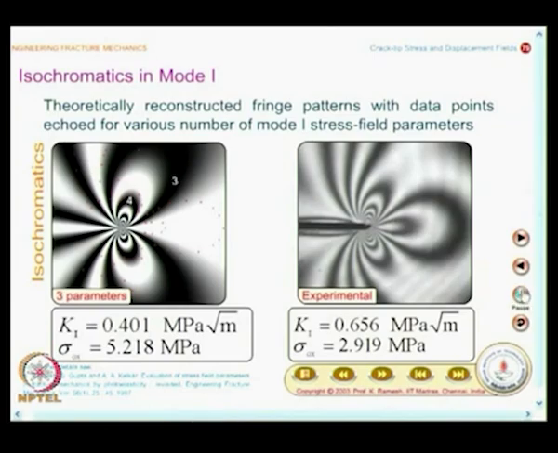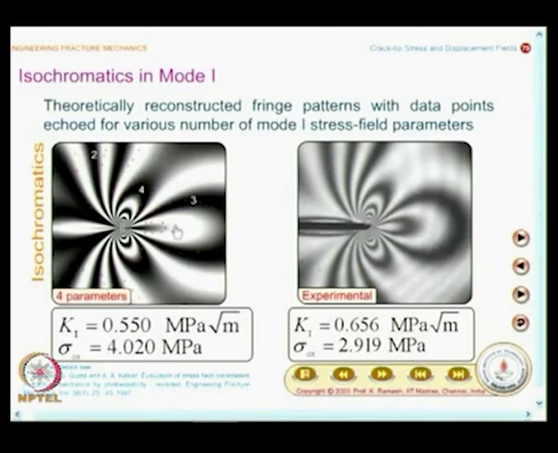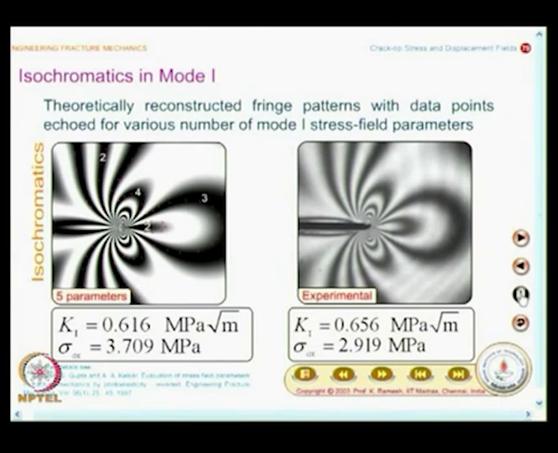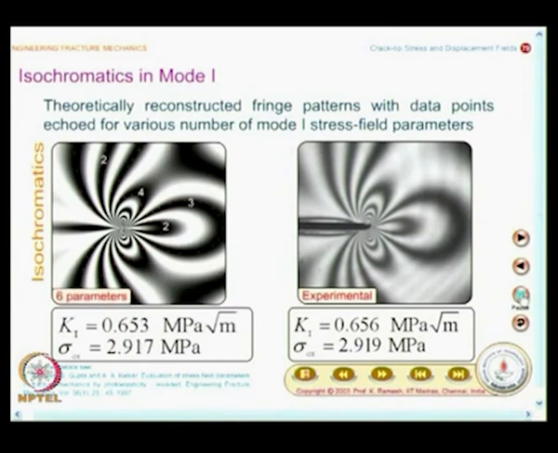You go to 4 terms, there is semblance of formation of frontal loops, and you find K is steadily increasing and sigma naught x is diminishing. 5 terms it is slightly better, and if I have 6 terms, all the fringe features are captured, and beyond 6 terms what you find? The solution stabilizes.